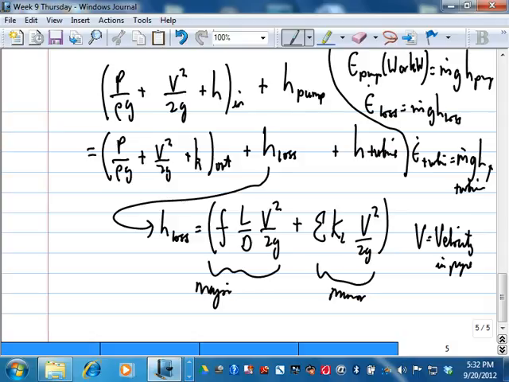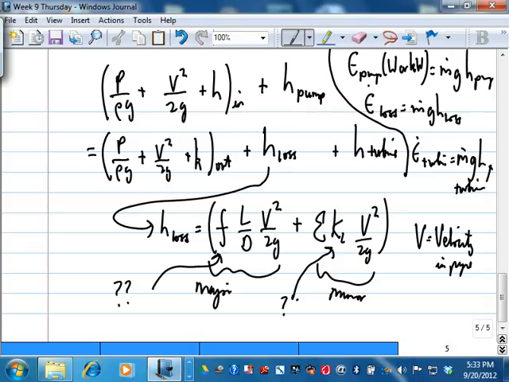So the only thing now we have to do is worry about F and KL. Then we've got that head loss sorted out. Okay or not? So F is the big unknown. And KL not so difficult.